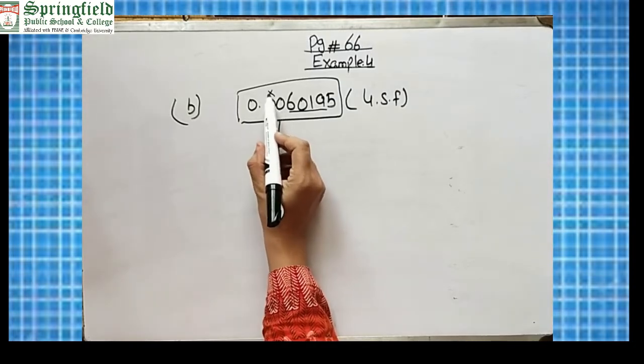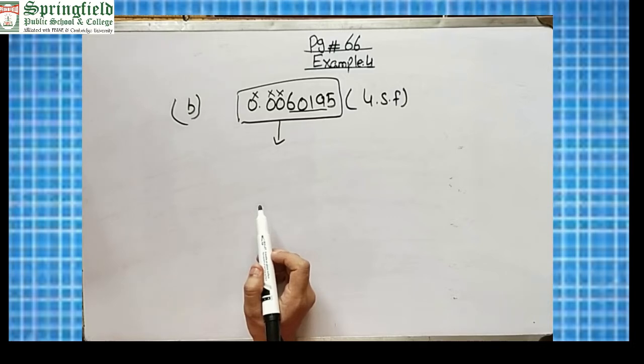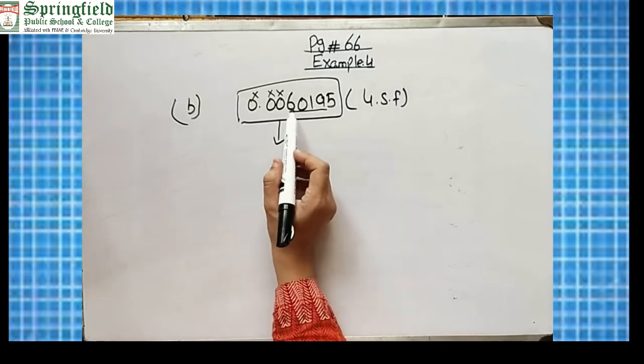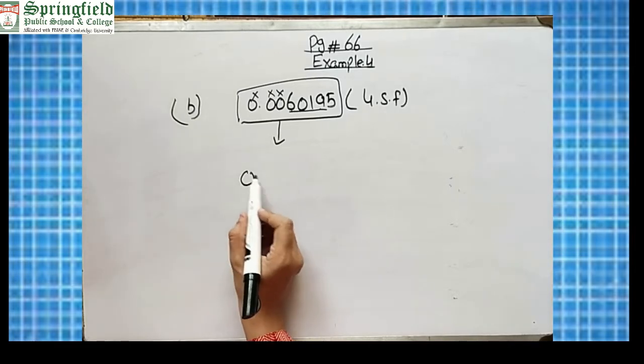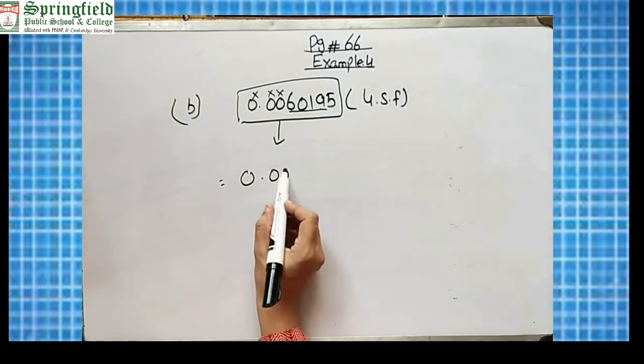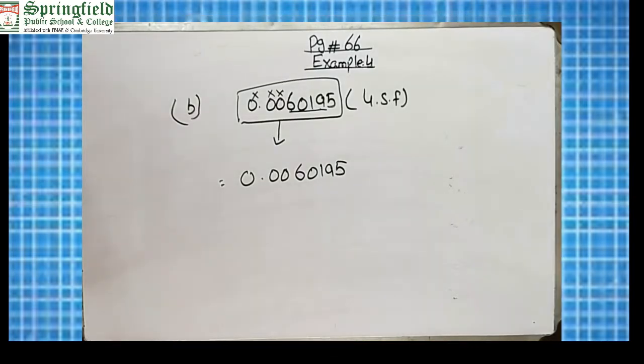It means these 3 zeros are not significant. So we will start counting from the 6. So 1, 2, 3 and 4. First write 0.006 0195.